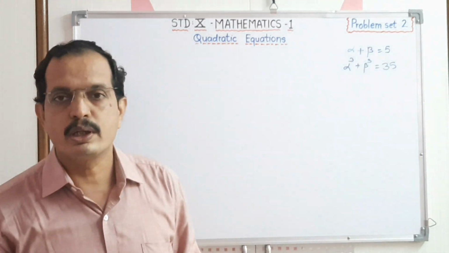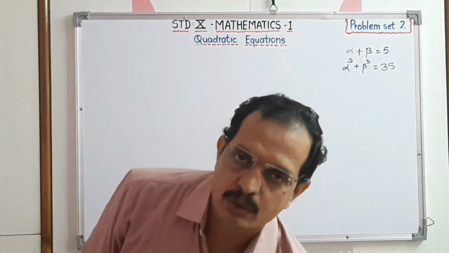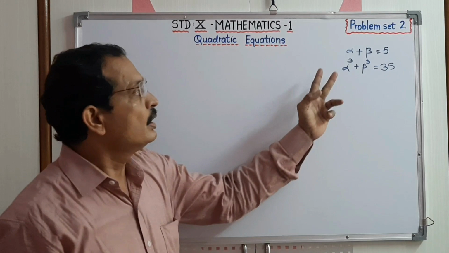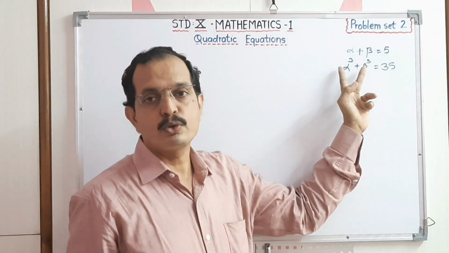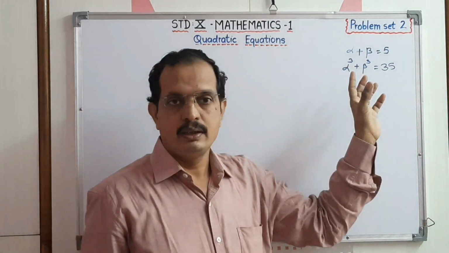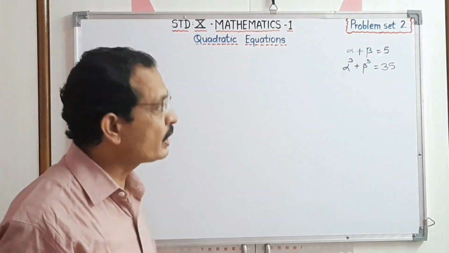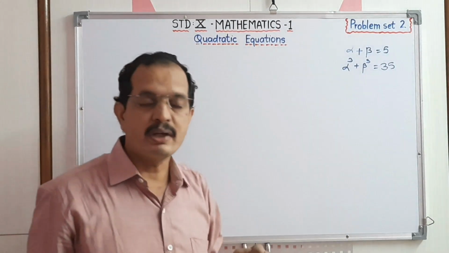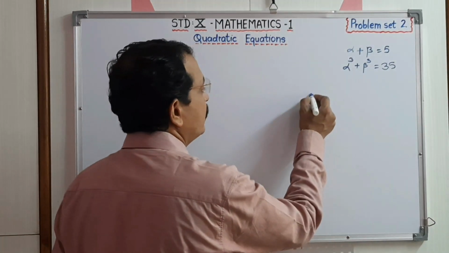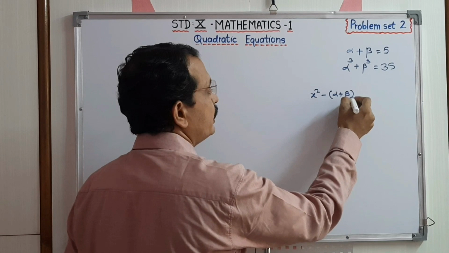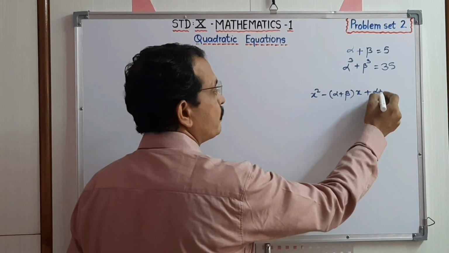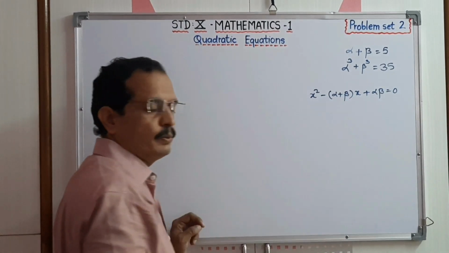That means we have to find the equation whose sum of roots is 5 and sum of cubes is 35. We have to frame the equation, and for that purpose we know that x square minus alpha plus beta into x plus alpha beta is equal to 0.